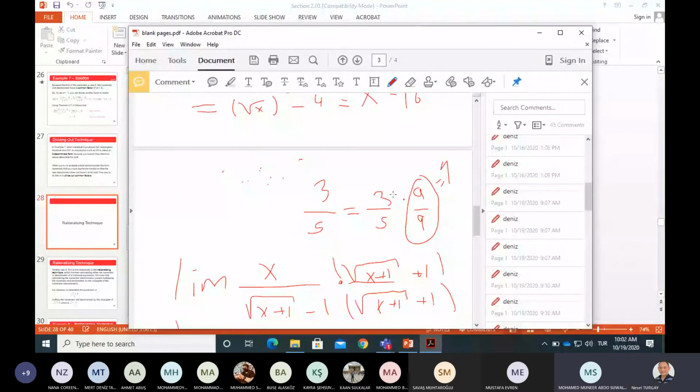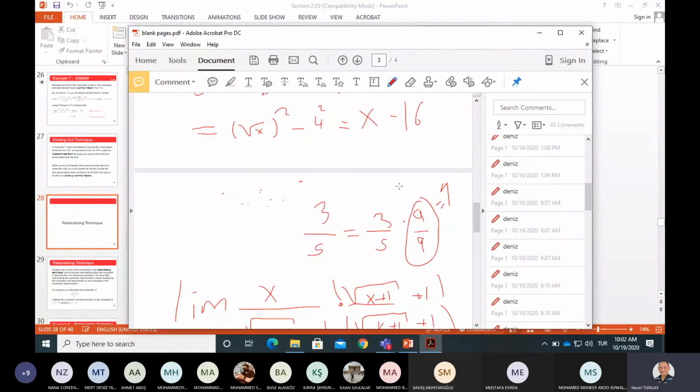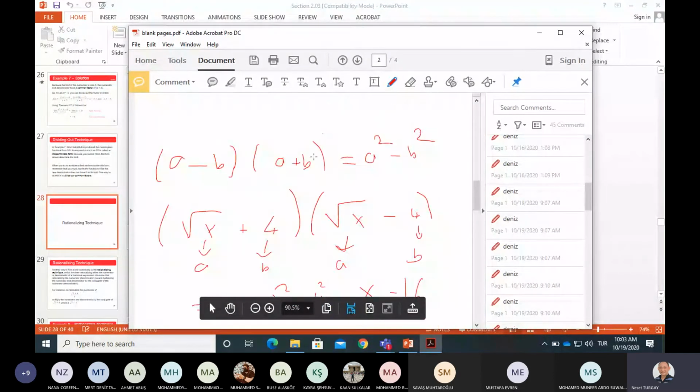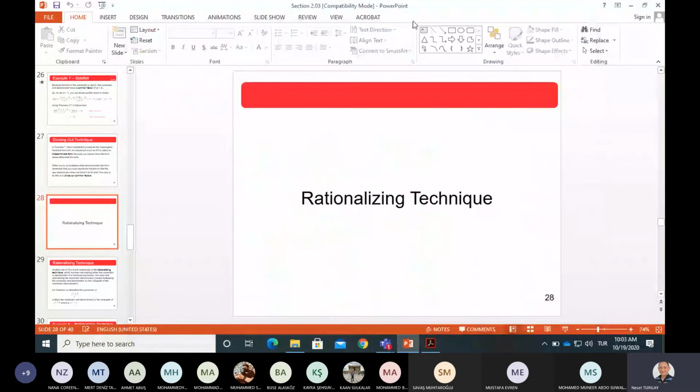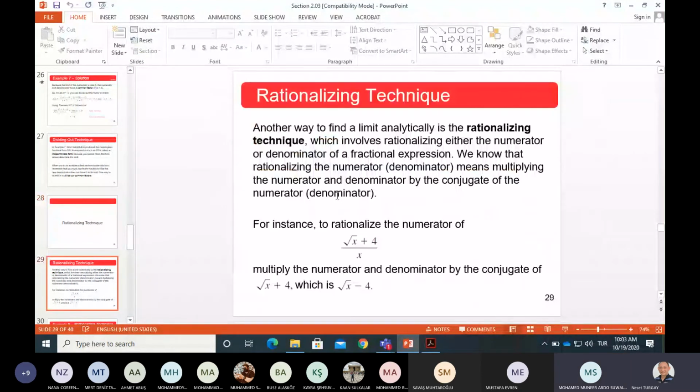The idea is that you multiply 3 by something and divide by the same thing, so this doesn't affect it, as long as it is not 0. So 9 over 9, for example, or 5 over 5 or 8 or whatever. Now we will use these ideas together in the coming rationalizing technique.